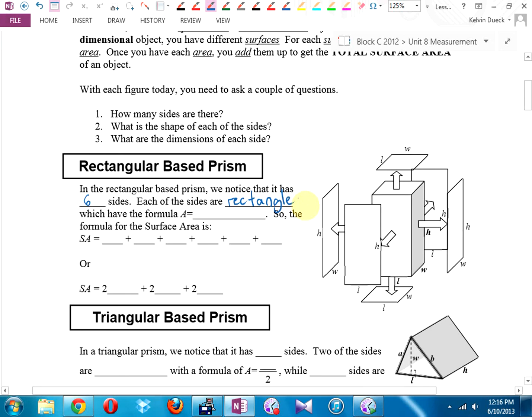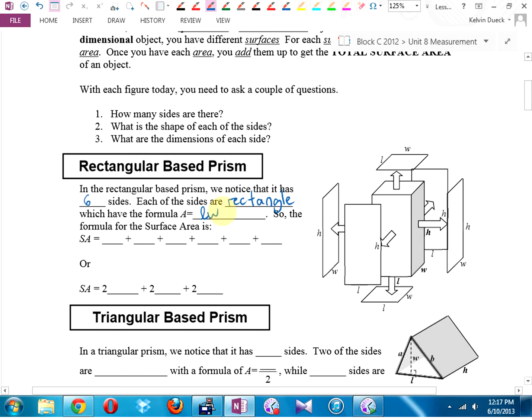So each of those sides will have an area. What was the formula for the area of a rectangle? Area equals length times width. Length times width of that particular side. It may end up being a height depending on the orientation of that side.